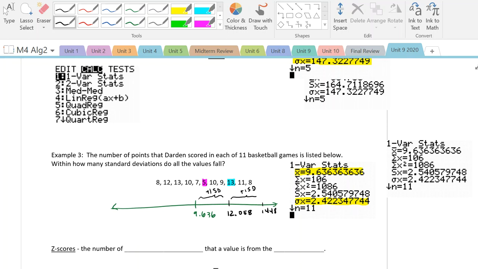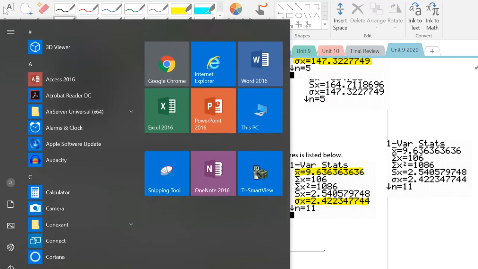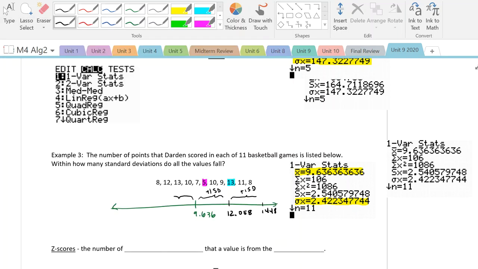Now on the flip side, if I look at standard deviations below, minus one standard deviation would drop us down to 7.214. And then when we subtract another standard deviation, I'm going to be at 4.792.